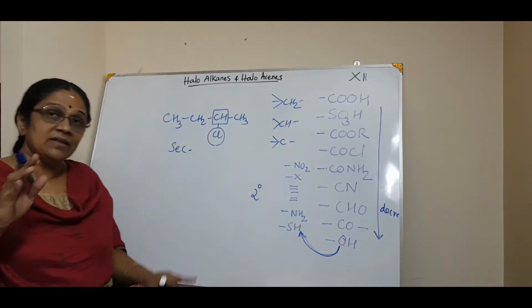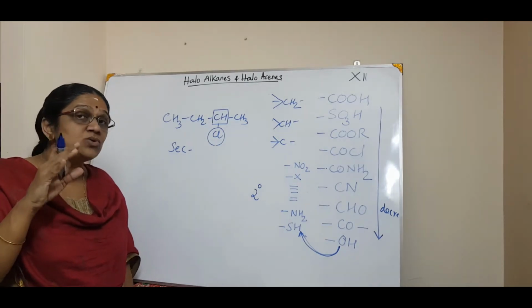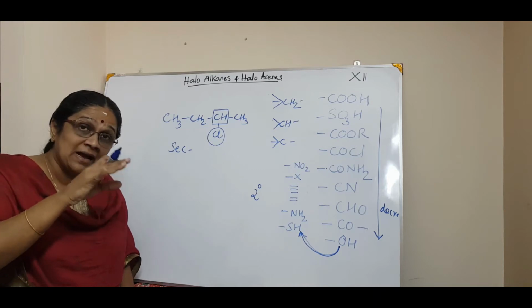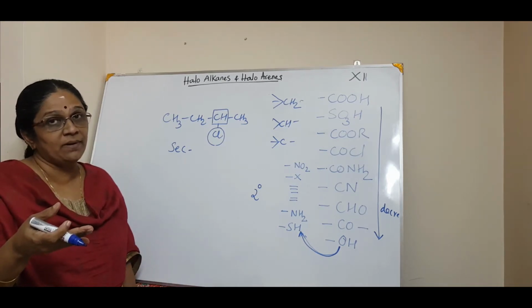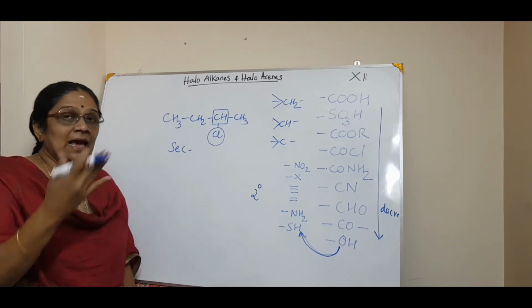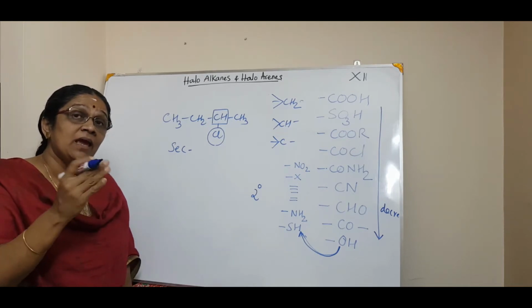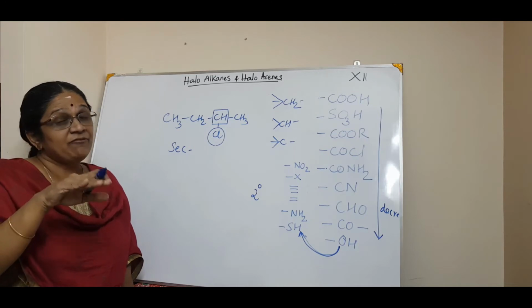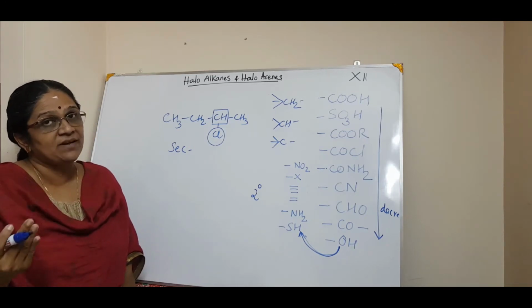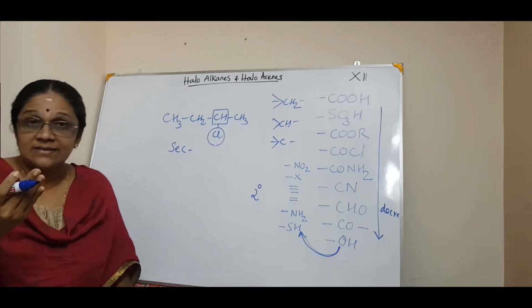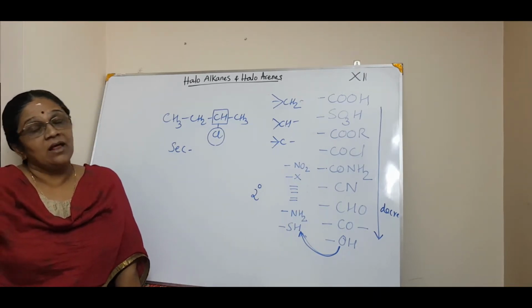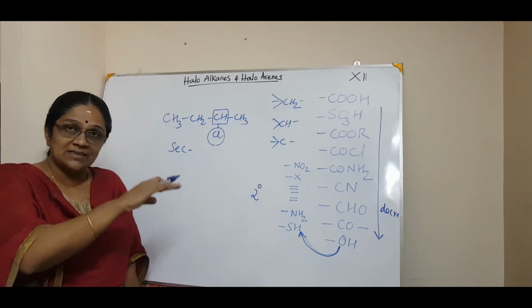If you remember the last class, I told you how to write a common name for a haloalkane. It will be alkyl halide. You remember? Alkyl halide. And the IUPAC name will be haloalkane. The halogen will be a prefix. Last year, in 10th standard also, you have studied. Halo will always be a prefix. All others will be on the suffix side, on the last parent name.